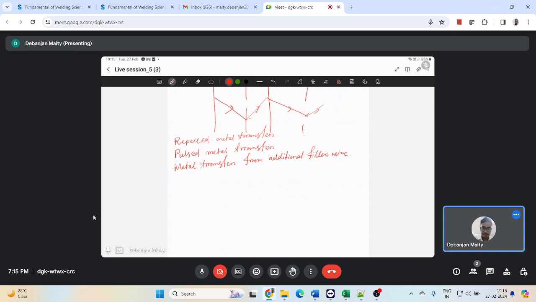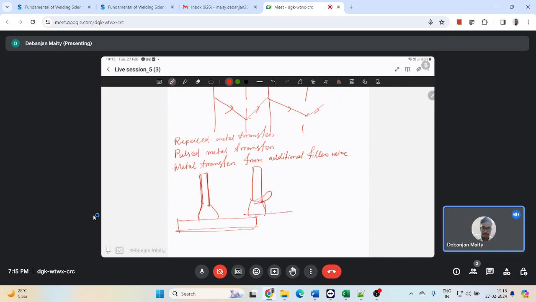So let's say this is my electrode, and this is generating this arc. So if excessive vapor is forming due to those shielding gases, the droplet appears to be repelled towards the side of the electrode. So it will move like this.